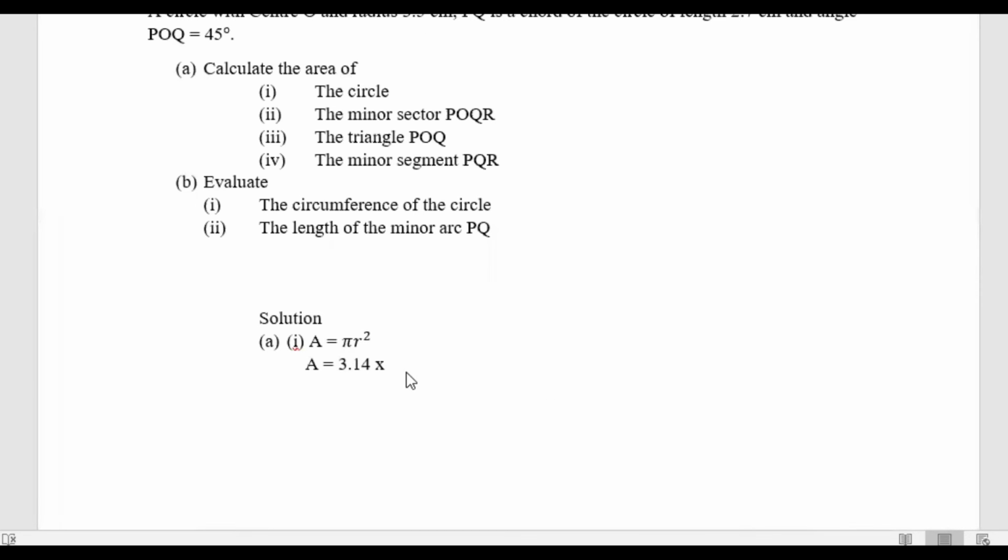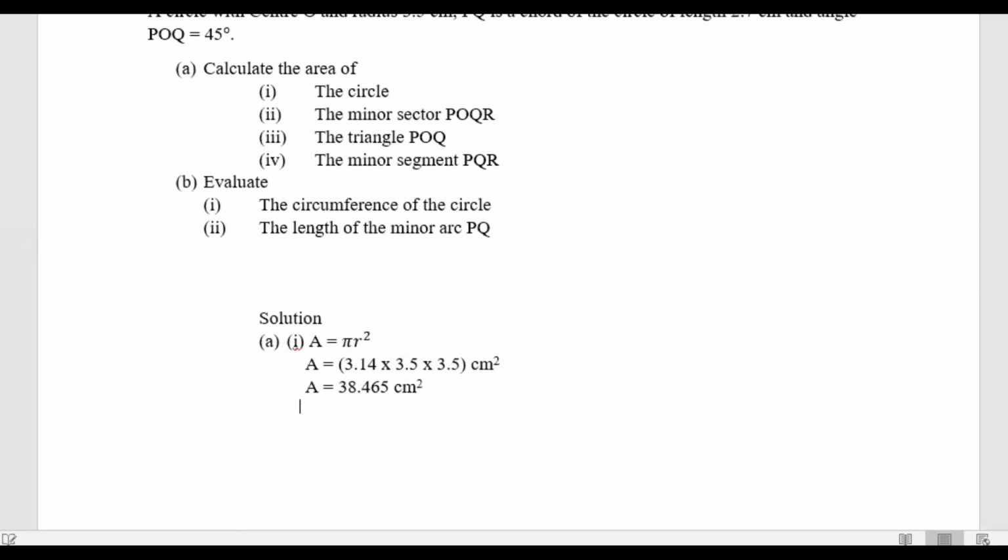So you'll have 3.14 times 3.5 times 3.5. Note all this is in centimeters and it must be squared because you're finding the area. So when you multiply 3.14 times 3.5 times 3.5, what do we get? 38.465 centimeters squared.